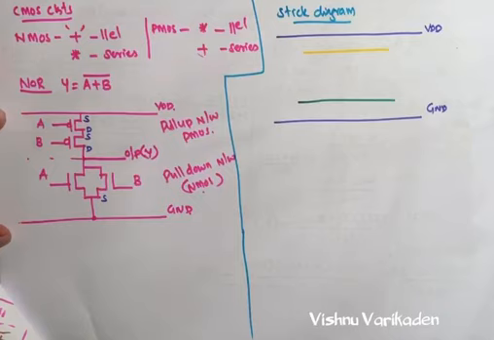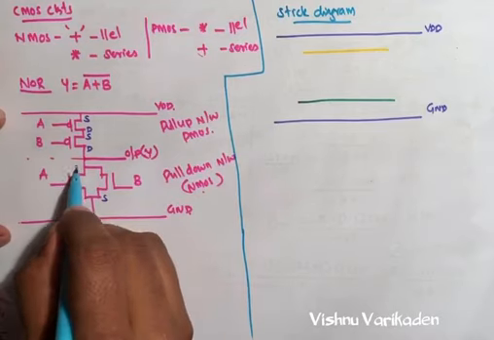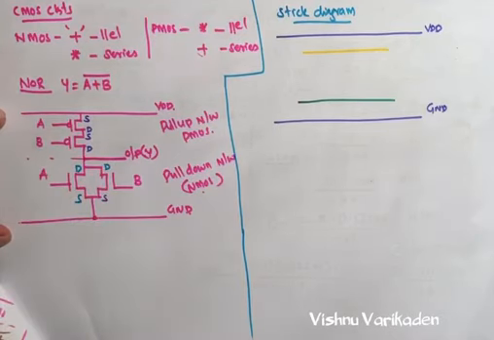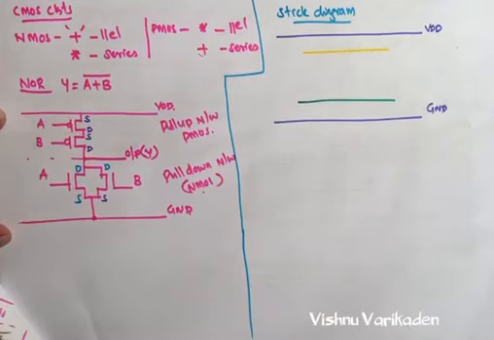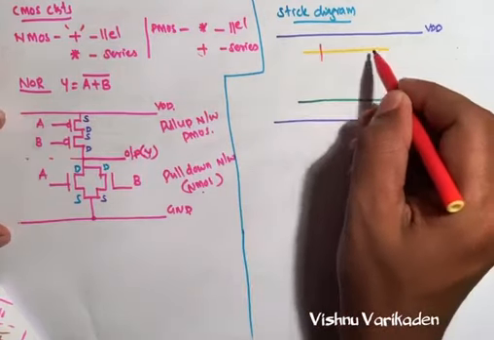So we can think about this. This one is source, this one is source, this is drain, drain. We can make it starting from PMOS. The PMOS one source is connecting to the VCC. So this is one PMOS.